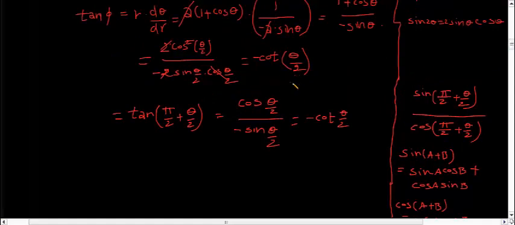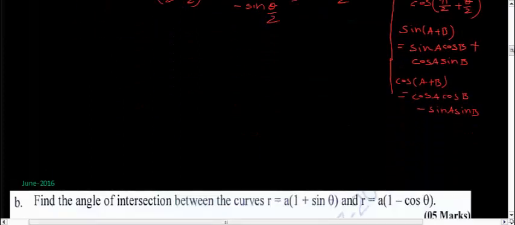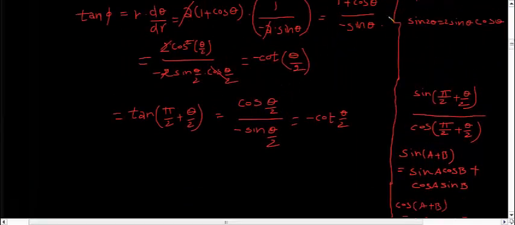Another identity which we need to recall is tan of a plus b is equal to, let me just write it here, tan of a plus b is equal to tan a plus tan b divided by 1 minus tan a tan b.